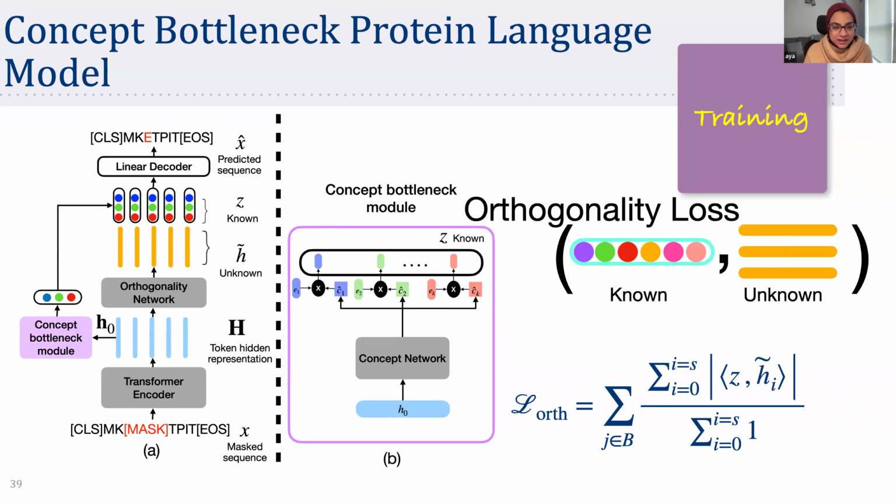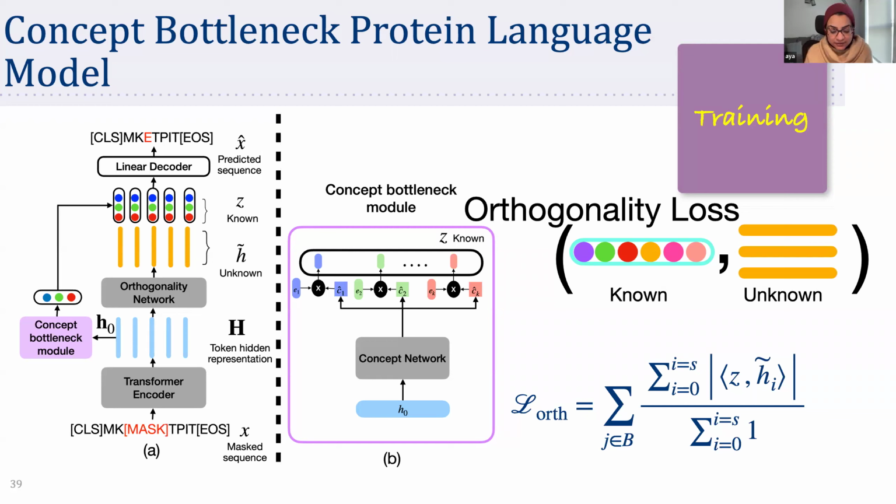Okay, so now back to the orthogonality loss, the orthogonality network that you asked about previously. The idea is that you want a representation that does not have information about the known part. One simple way to do that is to minimize the cosine similarity between the hidden representation outputted from this network and the known representation.